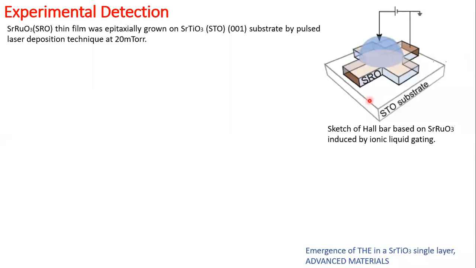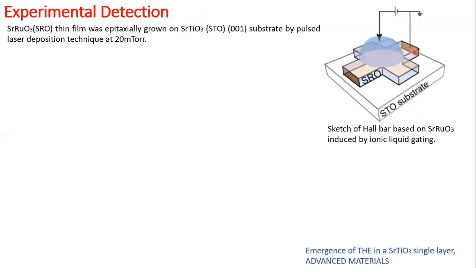The substrate gives the crystalline growth of our material, that is, the thin film. Without the substrate, the growth of the thin film will be amorphous in nature. So here we are using strontium ruthenate oxide, that is SRO, thin film, as our material of interest, and strontium titanium oxide as the substrate.